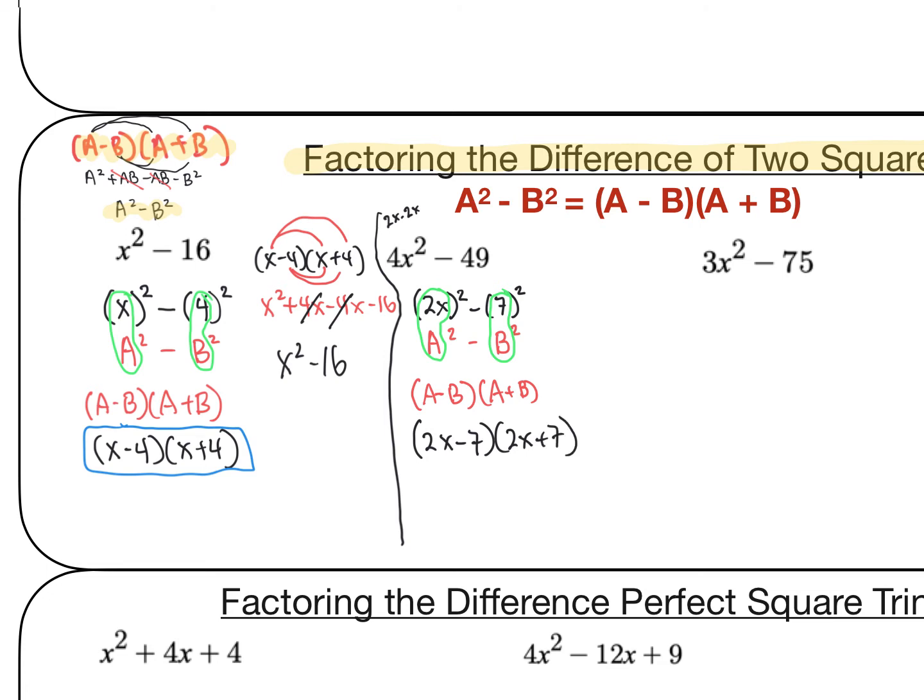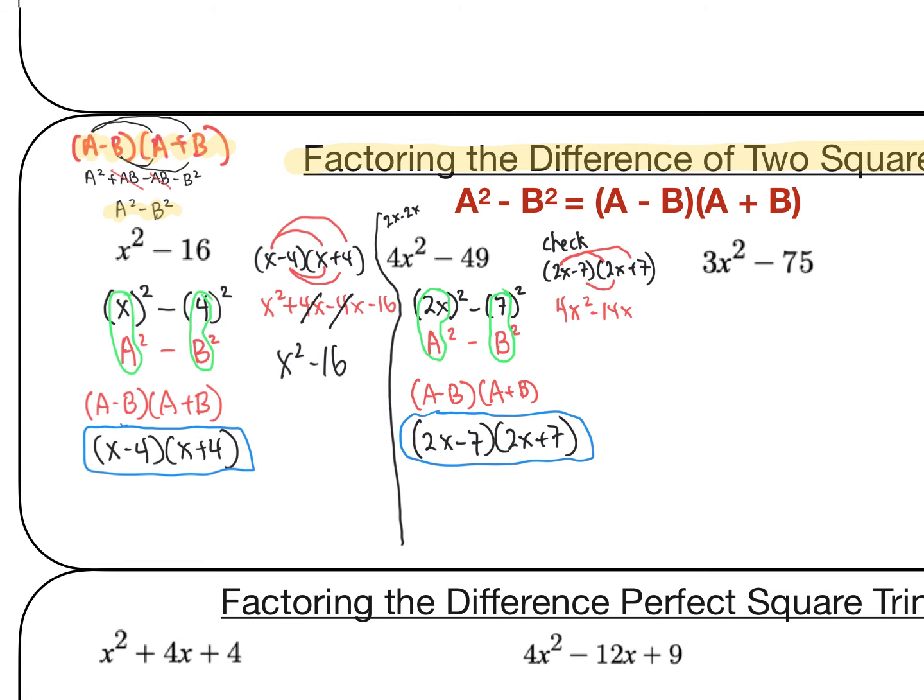So let's go ahead and give it a check, because I'm going to box that in, say that's our proposed solution. So we check this. We go 2x minus 7 times 2x plus 7. And let's do our claw or our FOIL technique. We got 4x squared and a minus 14x.